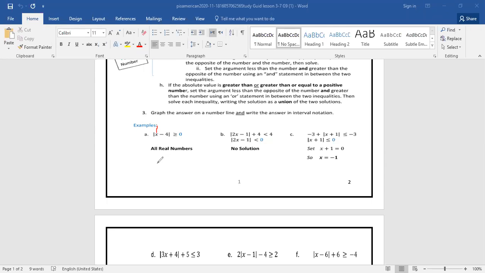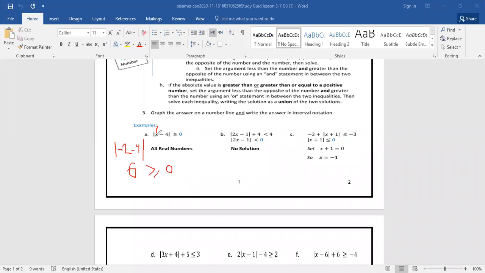Give me any number, even a negative. Maybe x is -2, then the absolute value of -2 minus 4 will be 6, and 6 is more than or equal to 0.